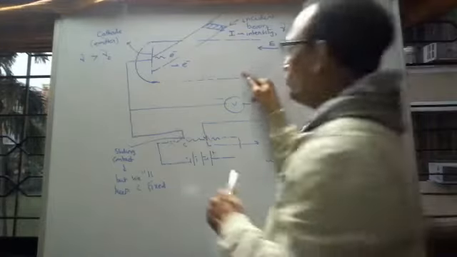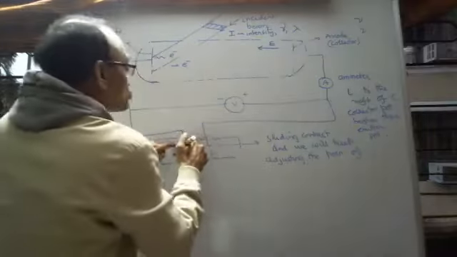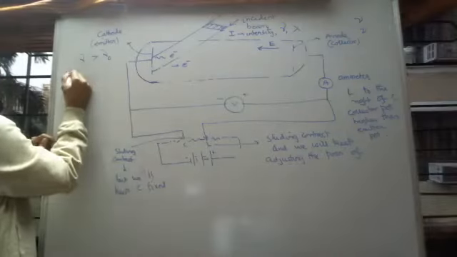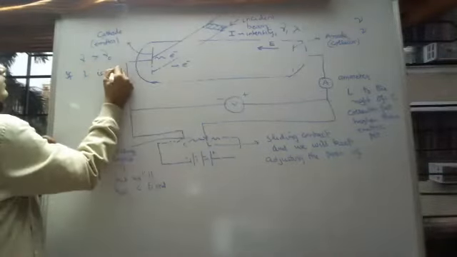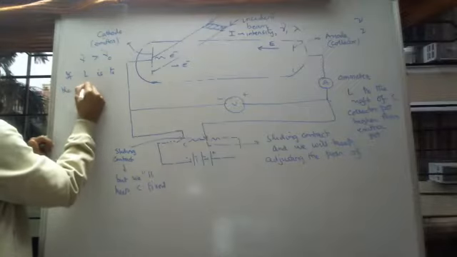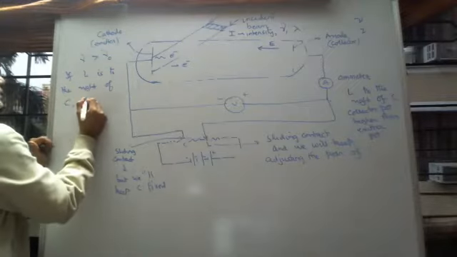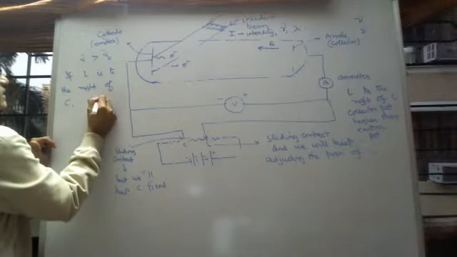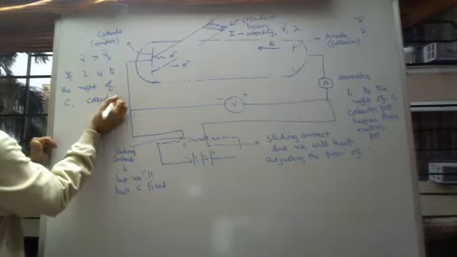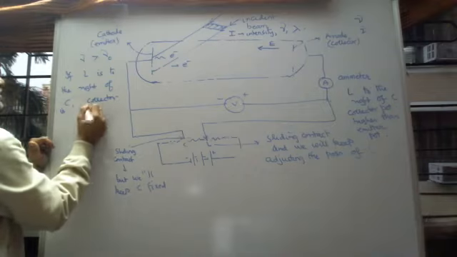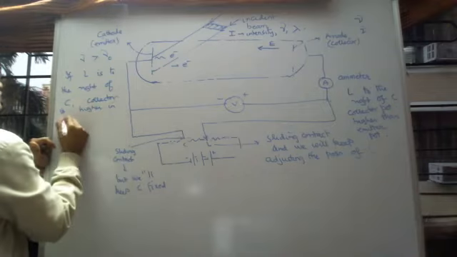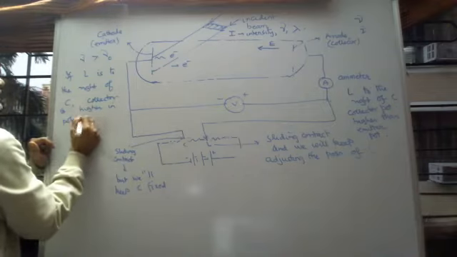So the collector is higher in potential. What happens to electrons?